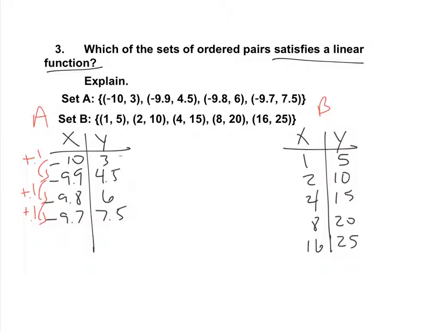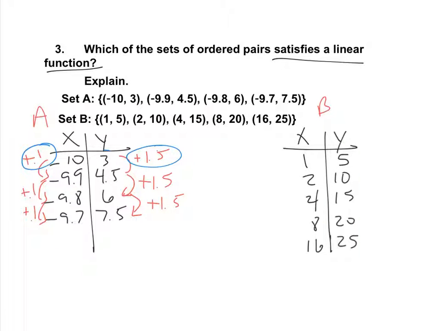Then when I go from 3 to 4.5, that is plus 1.5. When I go from 4.5 to 6, plus 1.5. And when I go from 6 to 7.5, it's plus 1.5. Now, when I say take the ratio, you take the change in y over change in x.